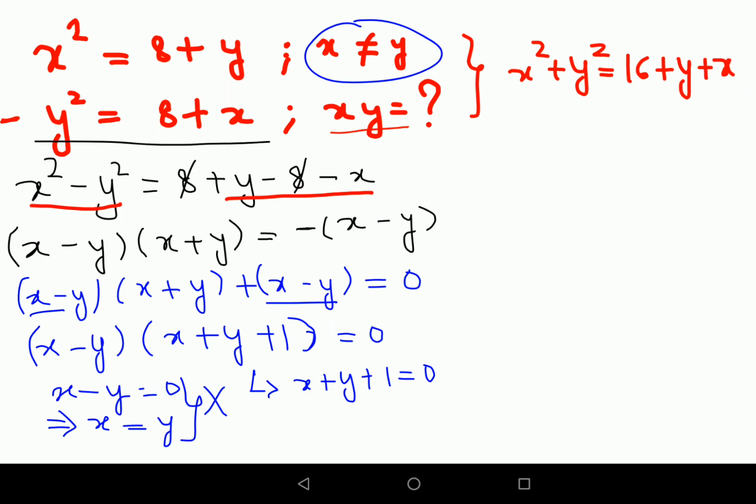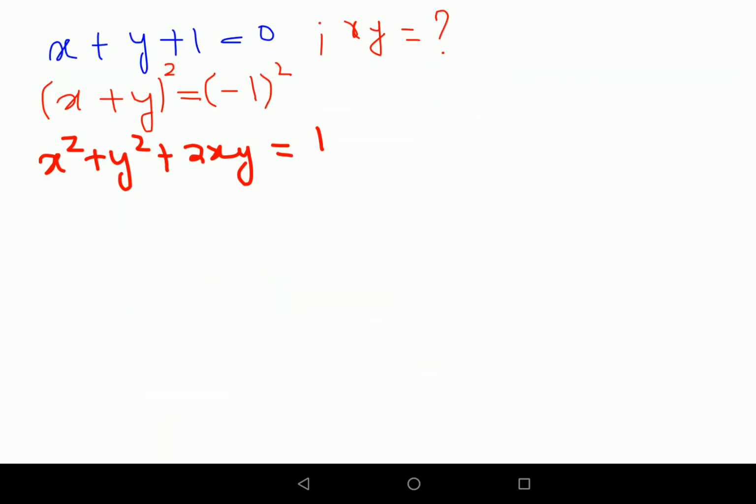So let's put it over here. I can write this as 16 plus y plus x, and you still had your 2xy, plus 2xy equals 1.